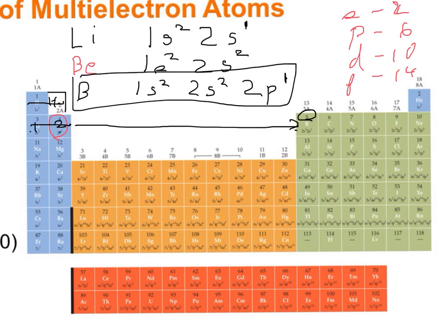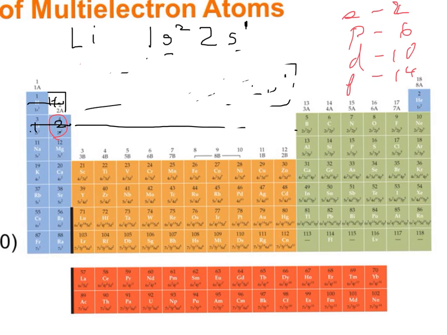Let's see if you're getting the hang of it. Let's skip ahead, but not too dramatically. Let's take a look at oxygen right there. Oxygen has 8 electrons, so we read to oxygen like we're reading a book.